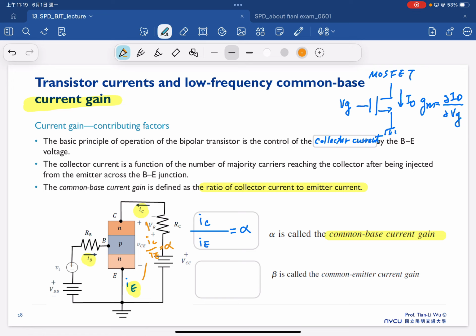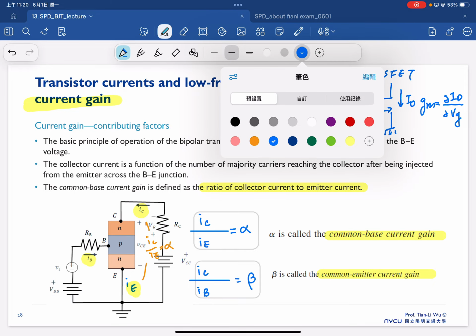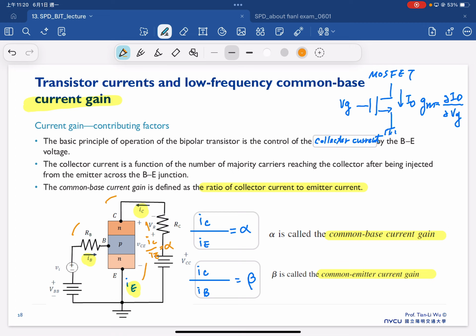And on the other hand, we have another definition, which is the common emitter current gain, defined as IC over IB, which is equal to beta, where we consider the ratio between collector and base current. That's beta equal to IC over IB.